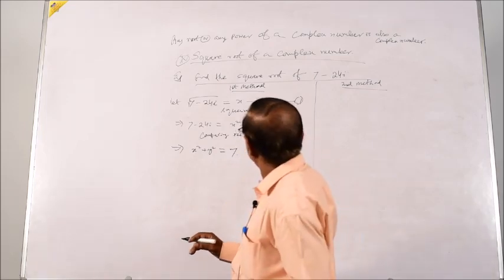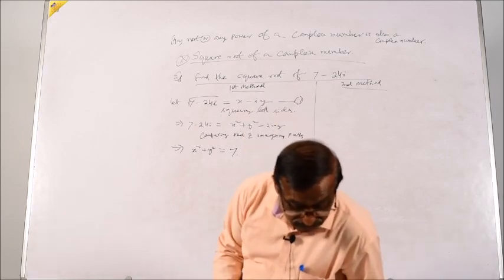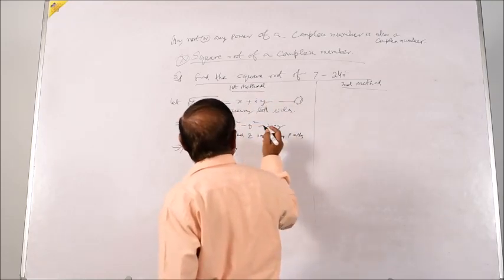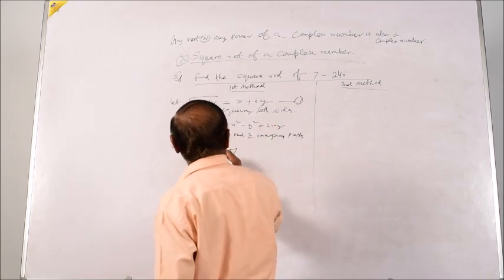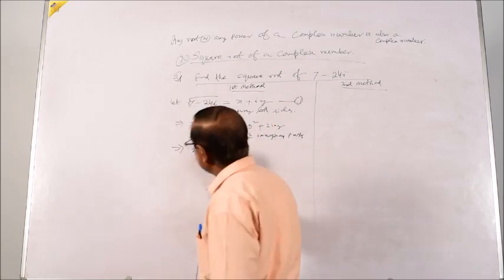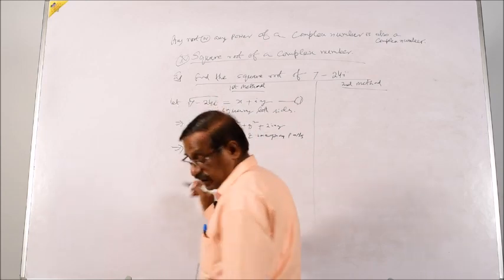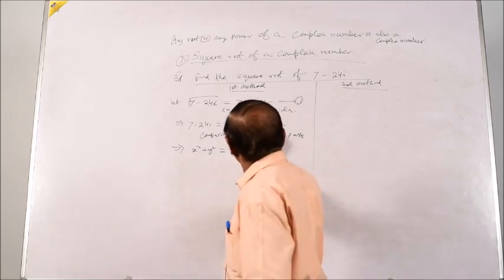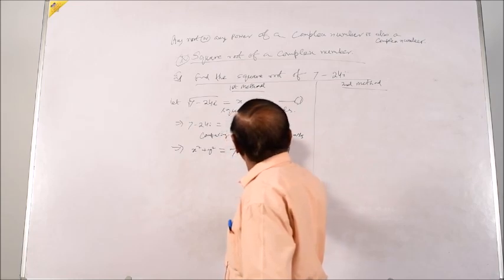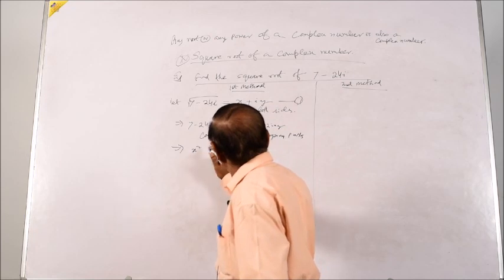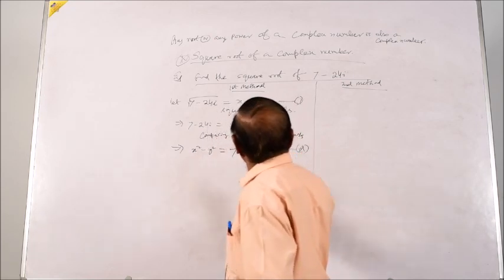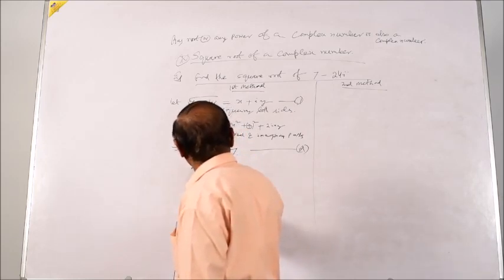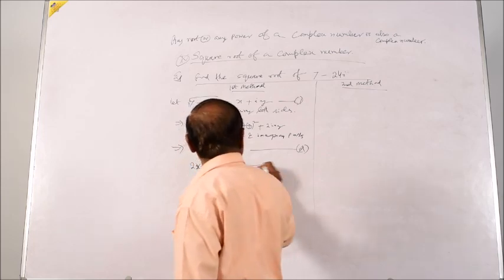Let's take this, x plus iy. So, this will be x square minus y square, and this will be 2xyi, right. So, x square minus y square will be 7, and 2xy will be minus 24.